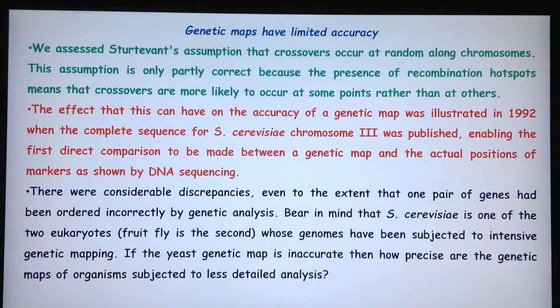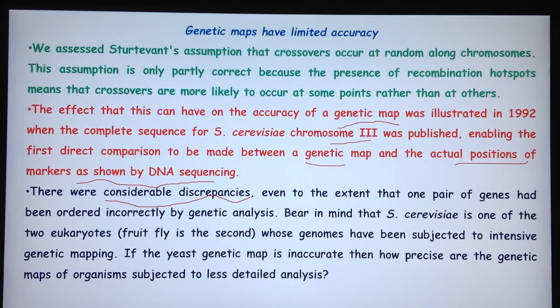So the genetic map has limited accuracy. In Saccharomyces things were easy, but when the genetic map was done in Saccharomyces cerevisiae for chromosome 3, and a comparison was made between the genetic map and the actual position of markers as shown by DNA sequencing, there were considerable discrepancies between the genes.